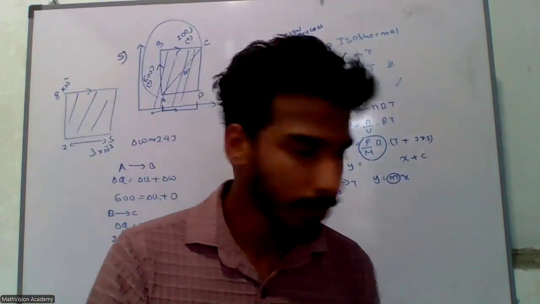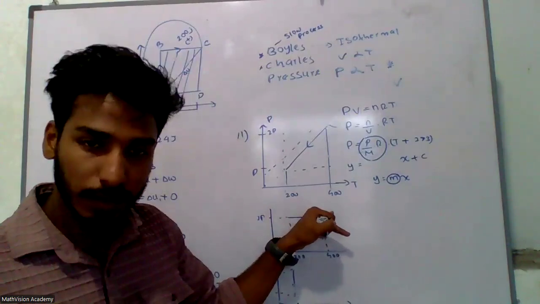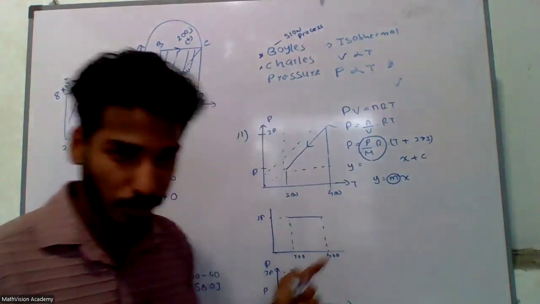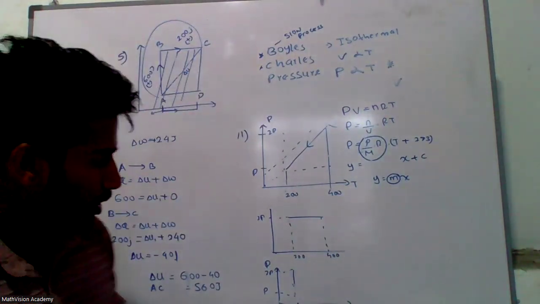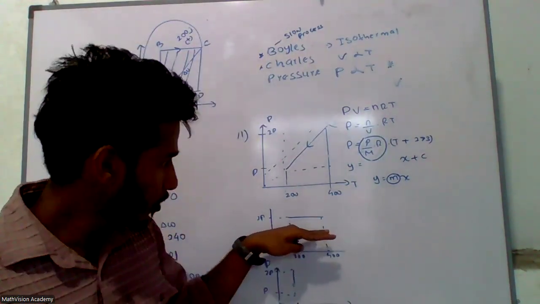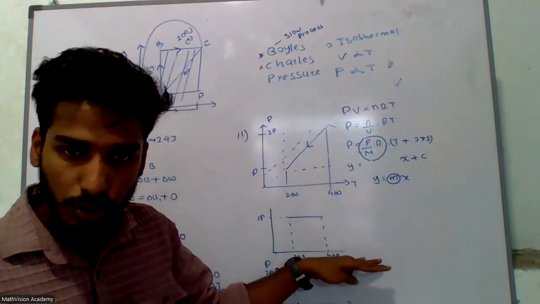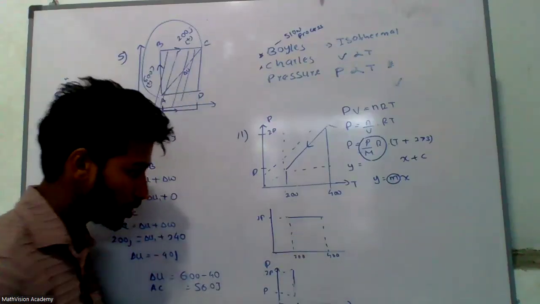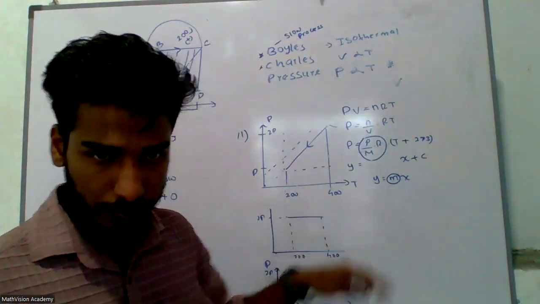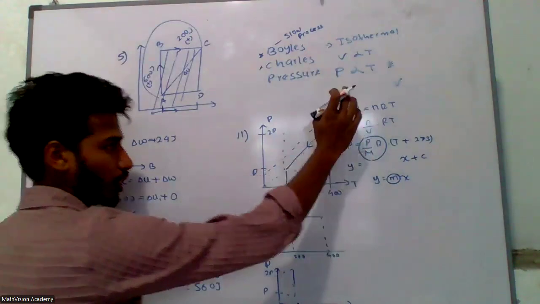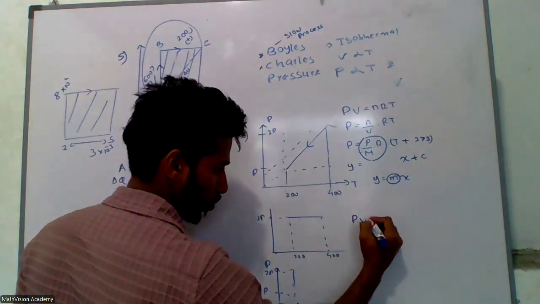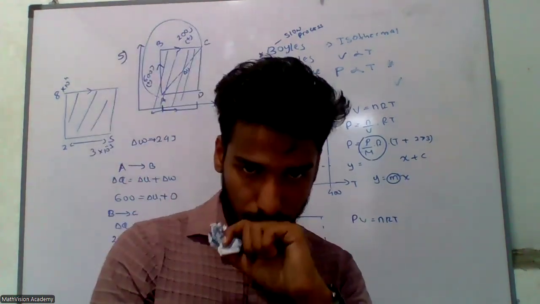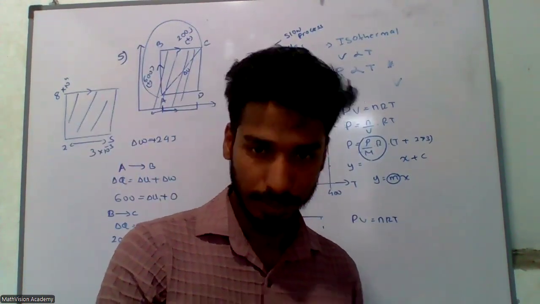Let's see statement B. I don't think it's a constant pressure process. I think it's a constant volume process. The pressure is changing, the temperature is also changing. Sorry, the pressure is not changing. It's 2P, it's fixed. So if I go to my equation, PV equal nRT, and what they ask in the question is the density of the gas decreases.